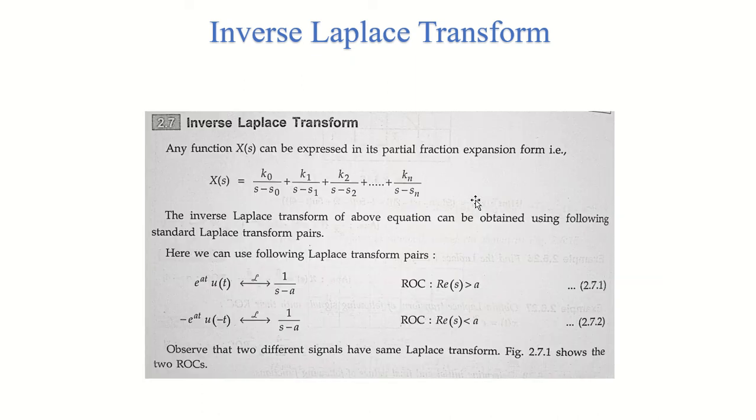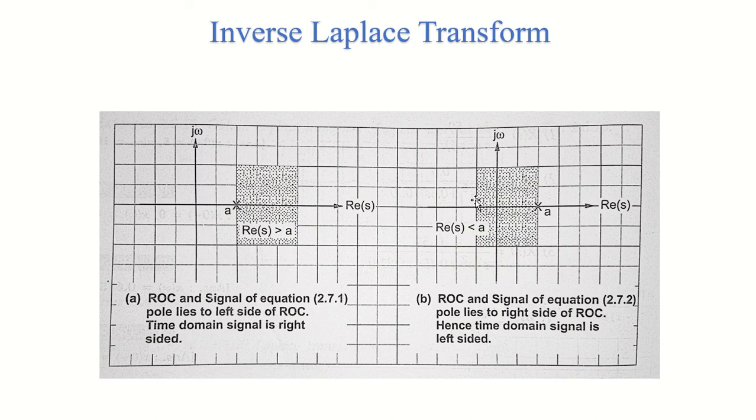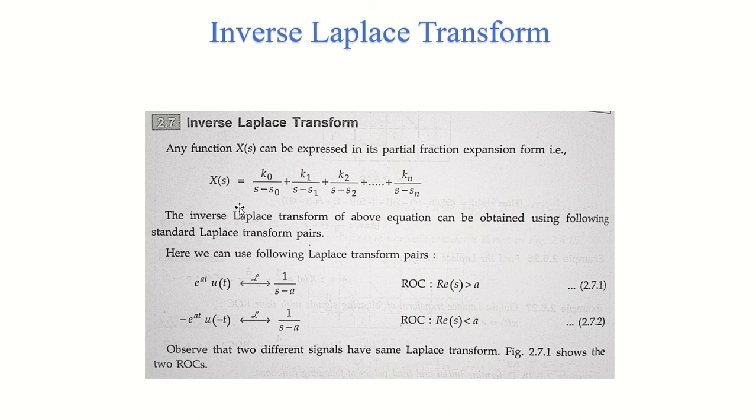Always remember, whenever your pole lies on the left side of your ROC, like your pole is here and here is your ROC, that means the time domain signal is on the right hand side, right?